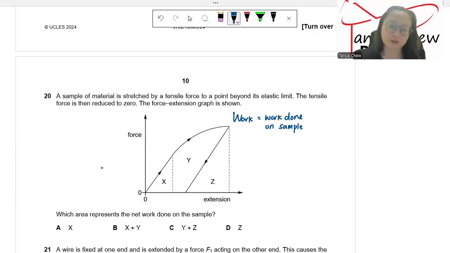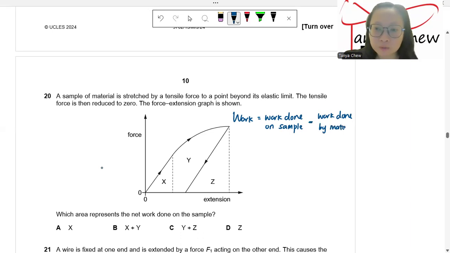When it is stretched beyond the elastic limit, there is no turning back to the same dimension anymore. So minus the work done by the material. Work done on the sample is X plus Y plus Z. The whole thing here. Work trying to restore back is this one.